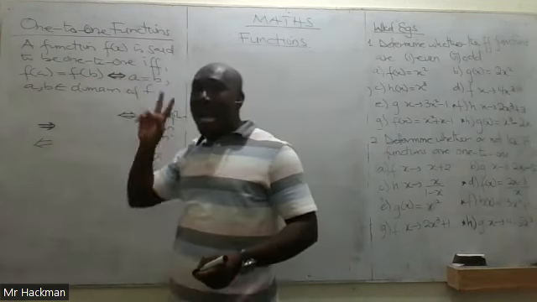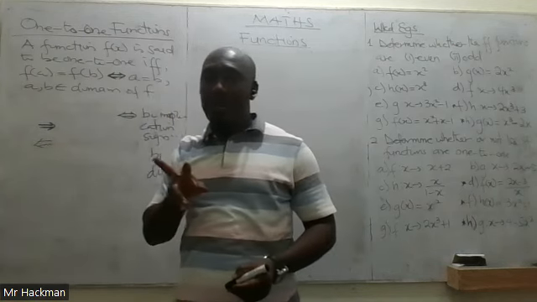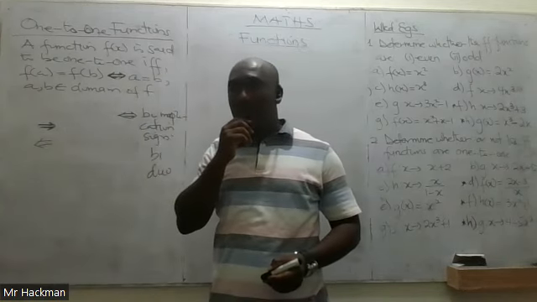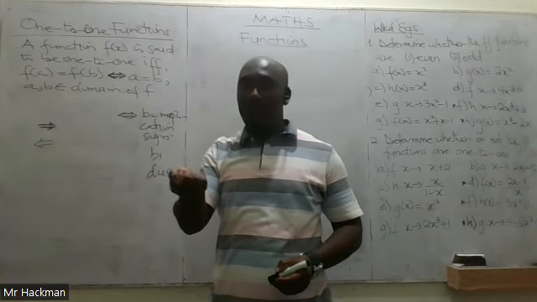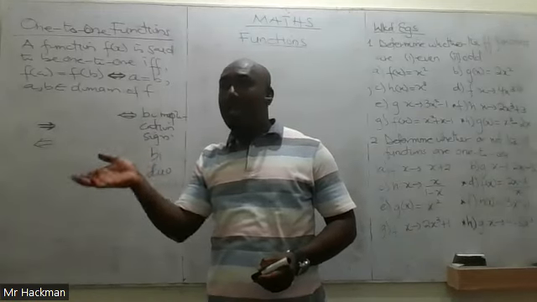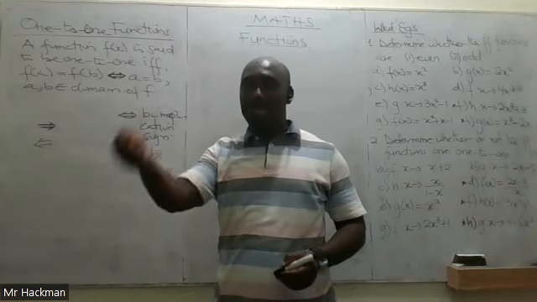And you can see that I have introduced two different letters, a and b. And just as I told you when we were doing binary operations, any letter that you introduce, you have to let us know where it is coming from. That's why you said a binary operation is defined on a set of real numbers. So if you introduce any element, let us know where the element is coming from.